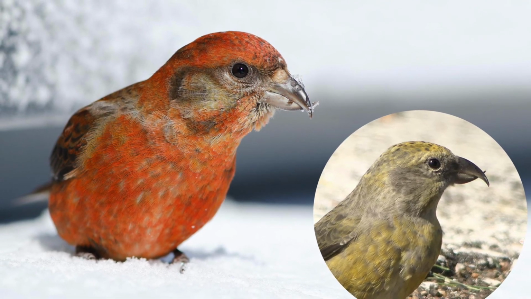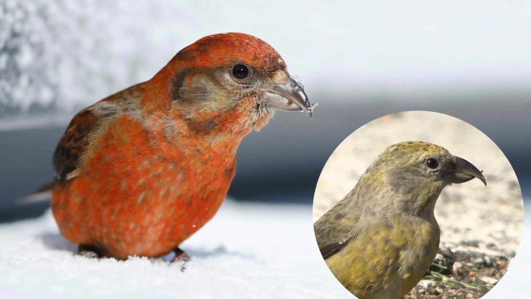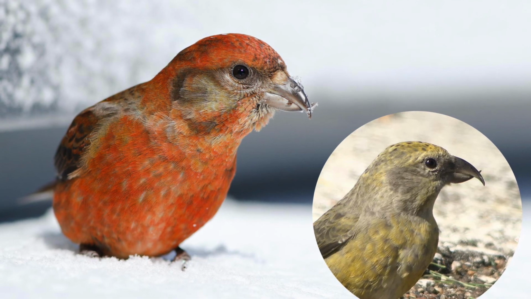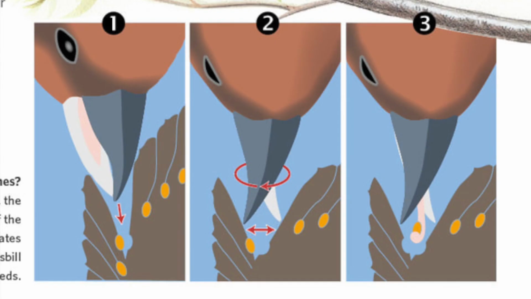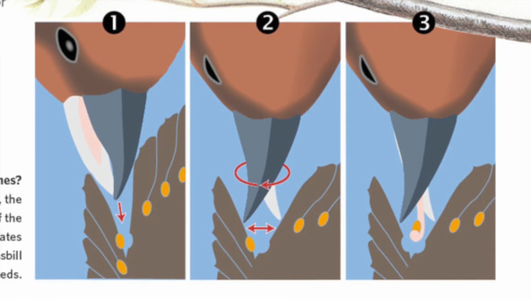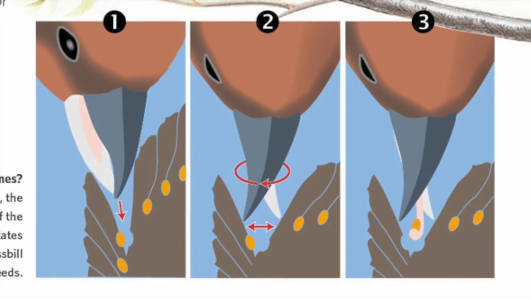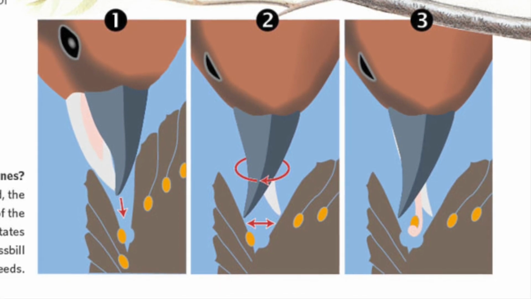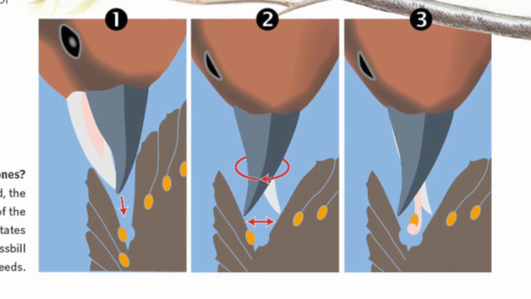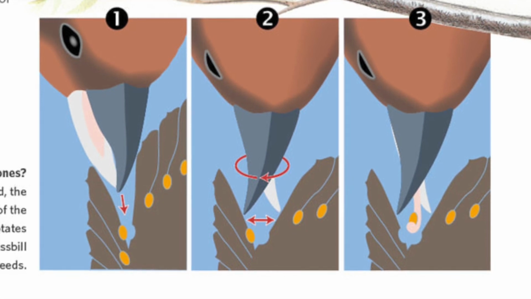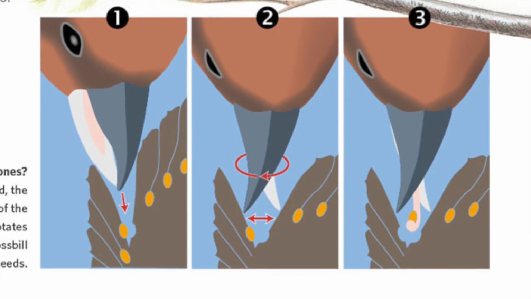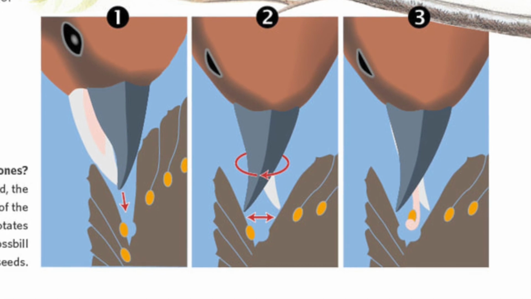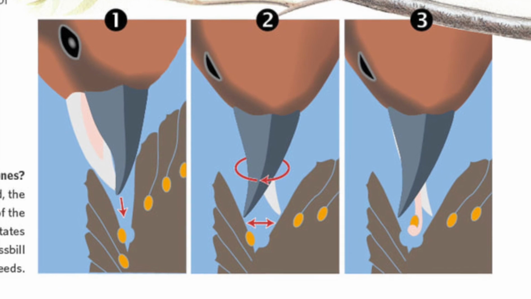That's a specialized beak to help them extract pine seeds from pine cones. They will take their beak and insert it in between scales of a pine cone, twist the beak, and the beak kind of acts like a lever to open up the scales of the pine cone. And then they will use their beak and tongue to take out the pine seed.